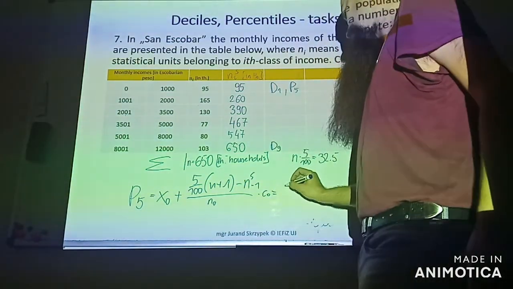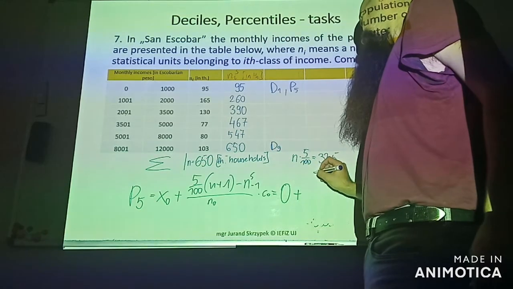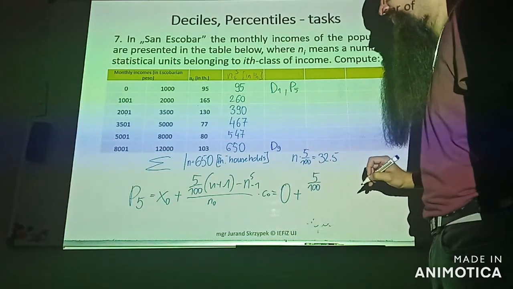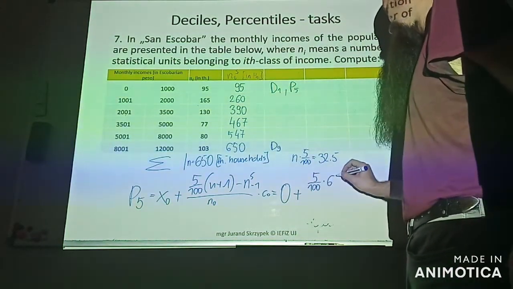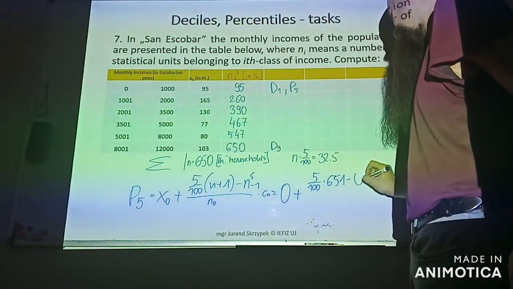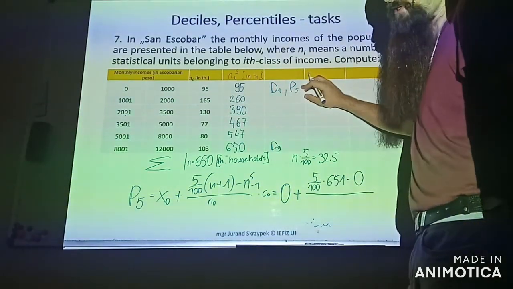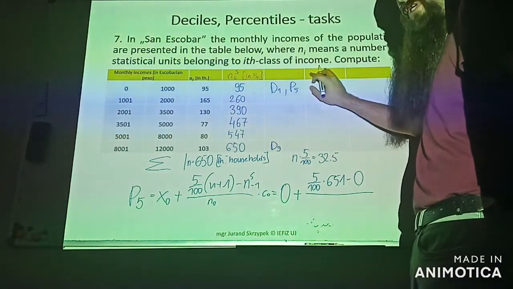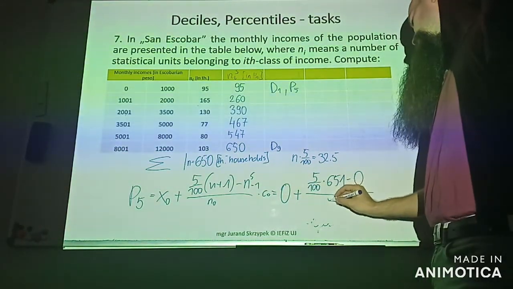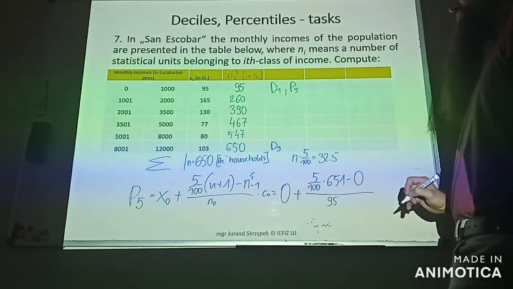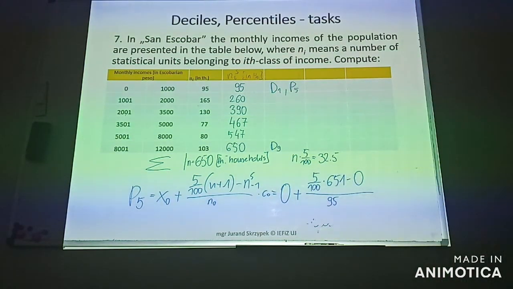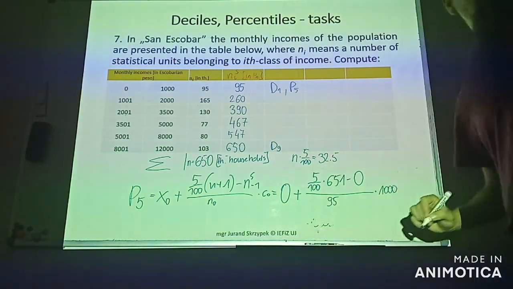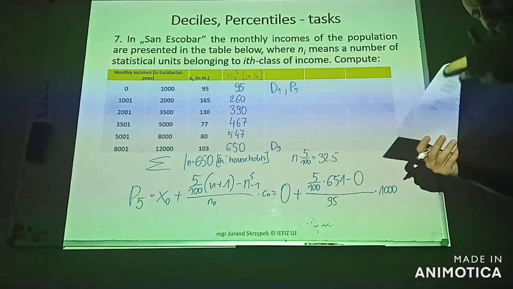In our example, 0 plus 5 divided by 100 multiplied by 651 minus 0, of course, because we are here in the first class. There is no minus 1 level. 95 is the frequency from the class of the fifth percentile multiplied by 1000, and the poverty line.